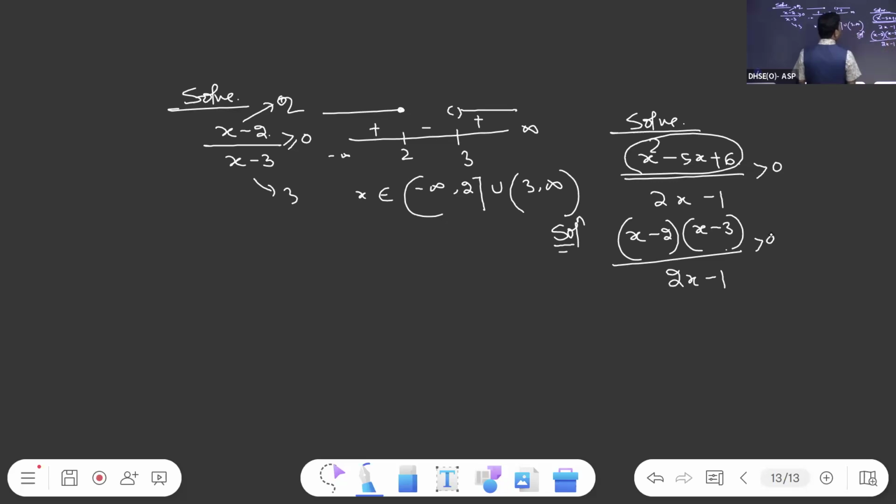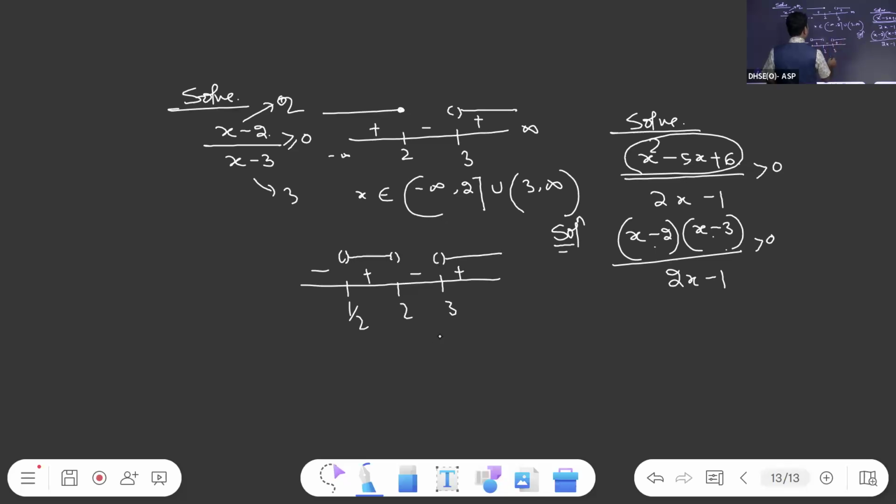What are the critical points? If we equate the denominator to 0, it will be 1 by 2. This will give you 2, this will give you 3. So the critical points are 1 by 2, 2, 3. And then apply the sign scheme plus, minus, plus, minus. Which region is required? Greater than 0 region. 1 by 2 to 2, union 3 to infinity. So x belongs to 1 by 2 to 2, union 3 to infinity. Okay.